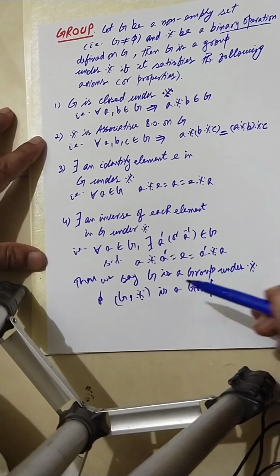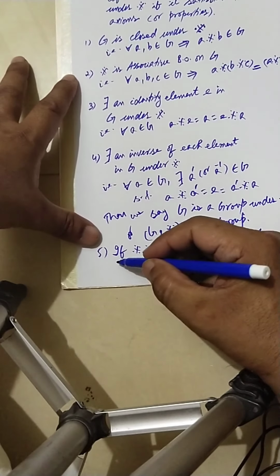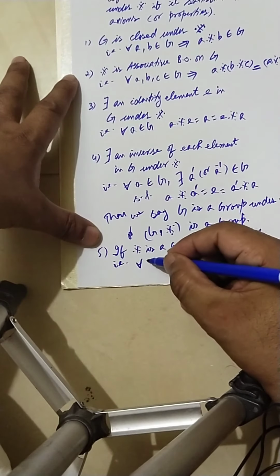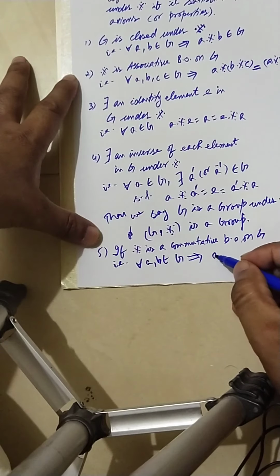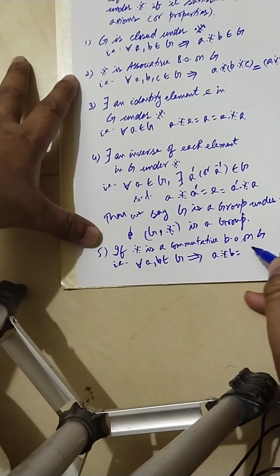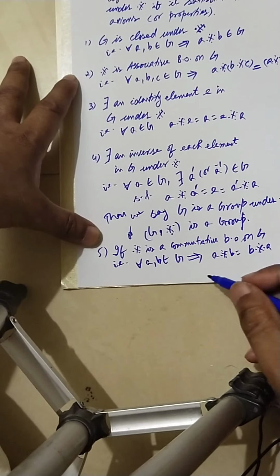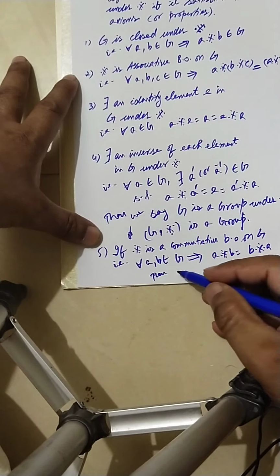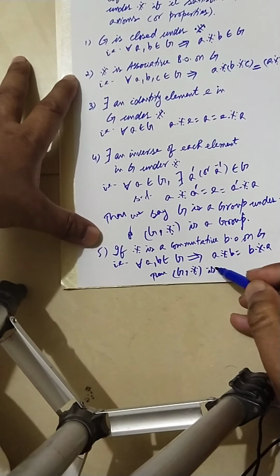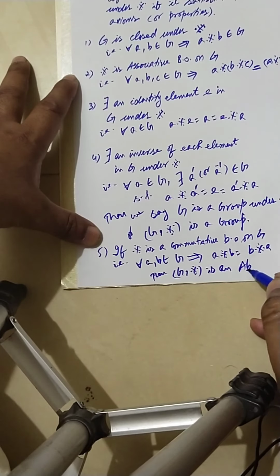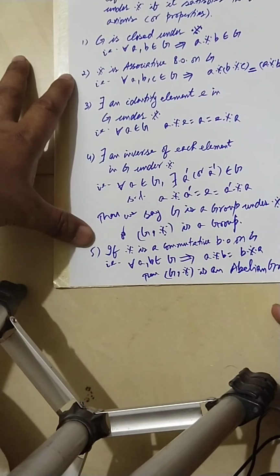And next, fifth property, if * is a commutative binary operation on G, that is, for all a, b belongs to G implies a * b is equal to b * a, then we say G and * is an abelian group.